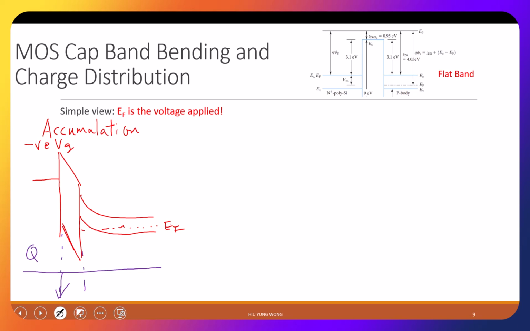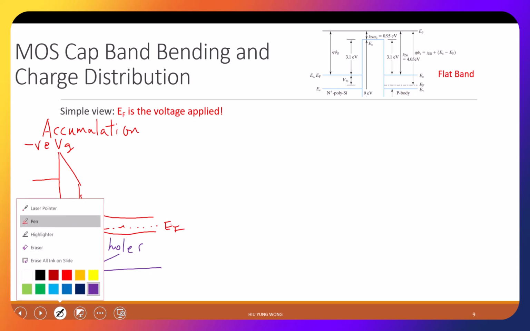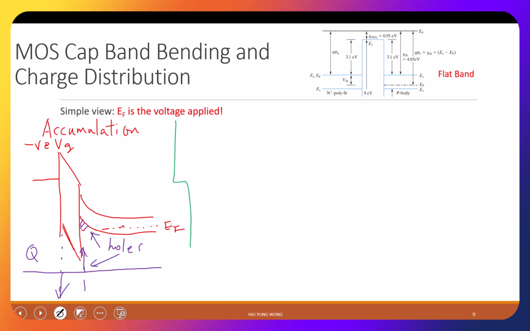What charge do you get? It needs to be balanced, right? Positive. You will get very high positive charge here, which makes sense because now you see that the valence band is above the Fermi level, which means you get a lot of holes. Does this make sense to you?